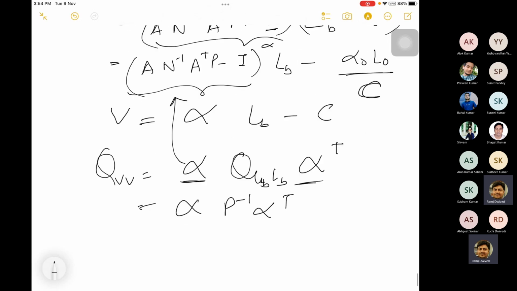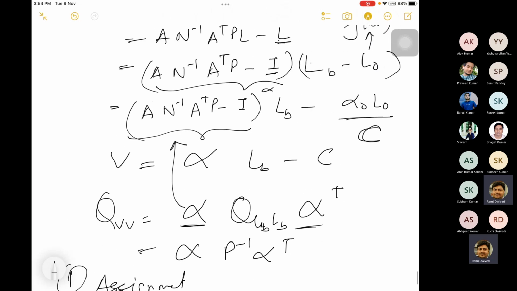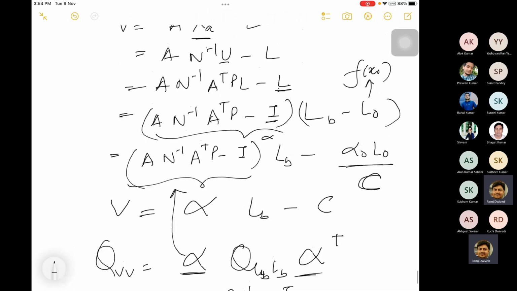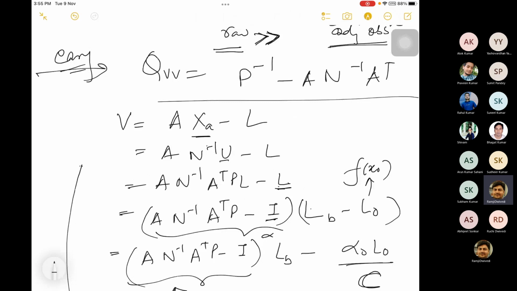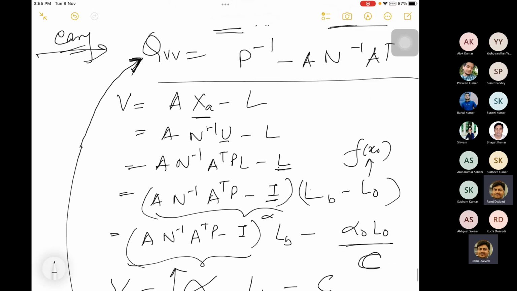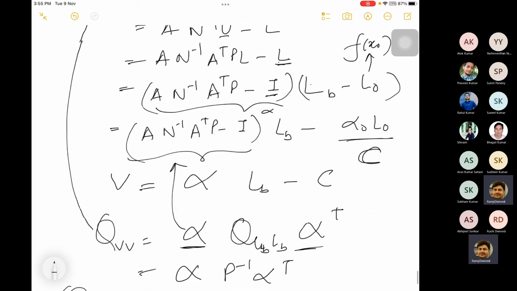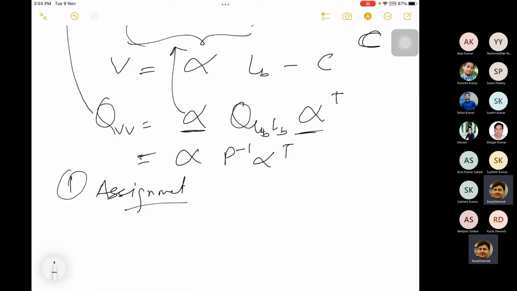Now, what you need to do as first assignment, you have to reach this QVV same as this, which is P inverse minus A N inverse A transpose. This is your first assignment. You have to do it in your sheets.